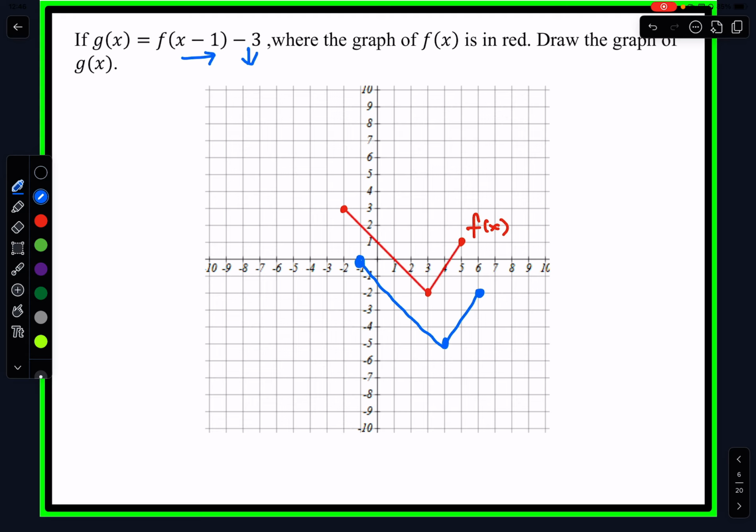But overall, the main idea here is understanding what that means, which means to graph 1 unit to the right and 3 units down.